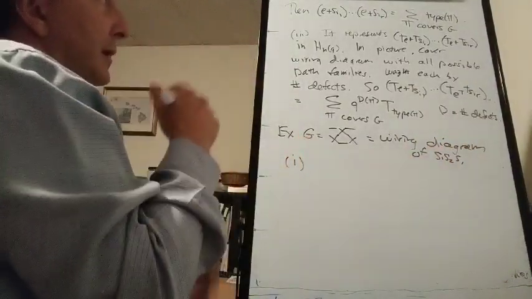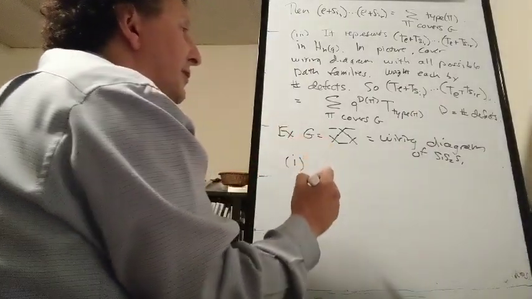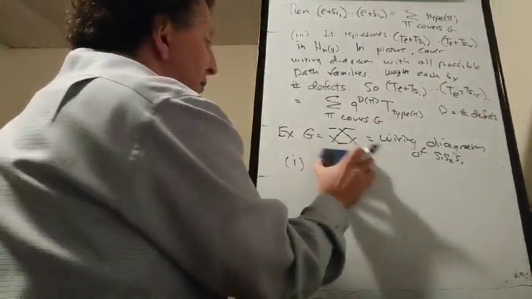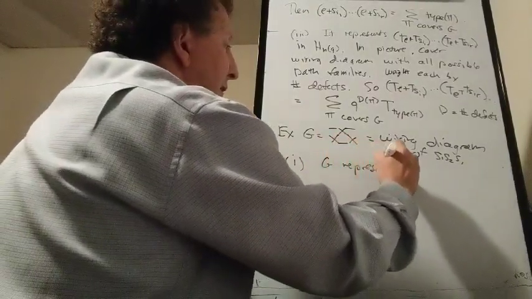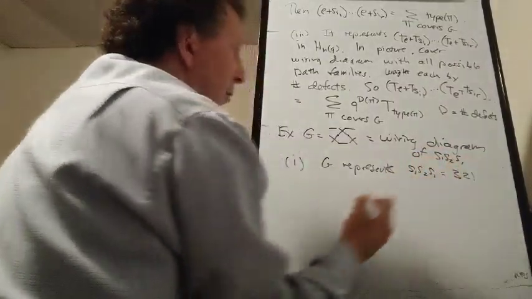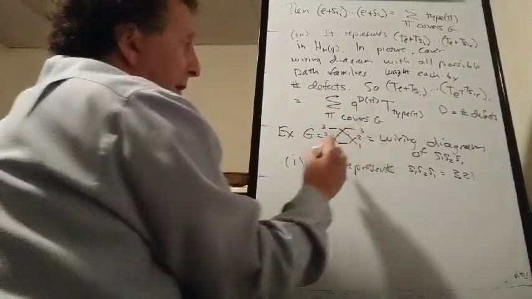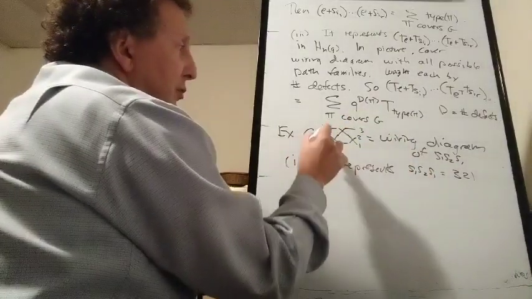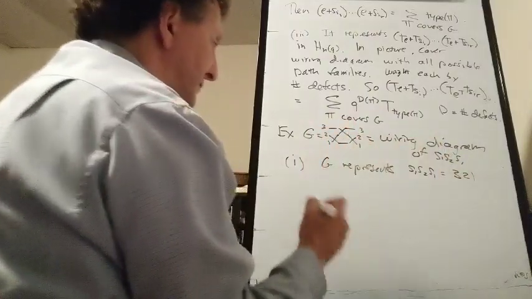So if we use this in the sense of the first method, then G represents just S1, S2, S1, which is the permutation 3, 2, 1 in one line notation. 1 goes straight through this intersection, straight through that intersection, ends up at 3. 2 goes straight through, ends up at 2, and 3 goes straight through, ends up at 1.